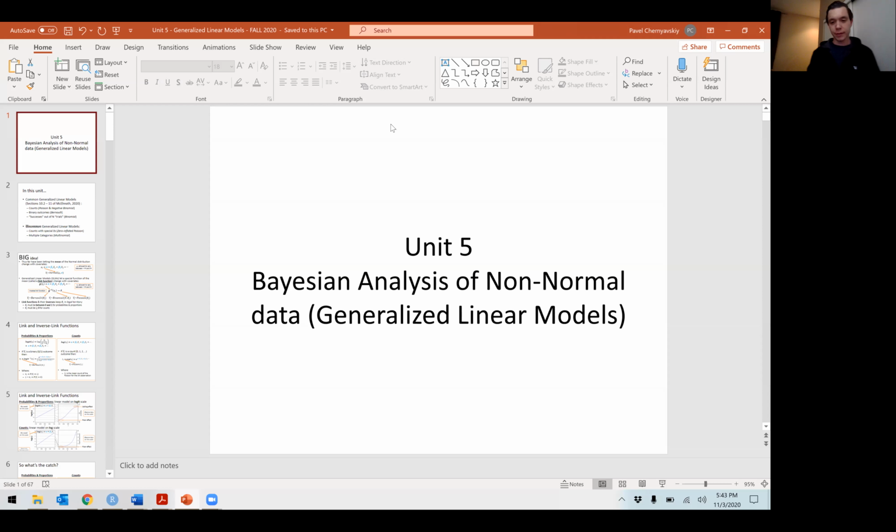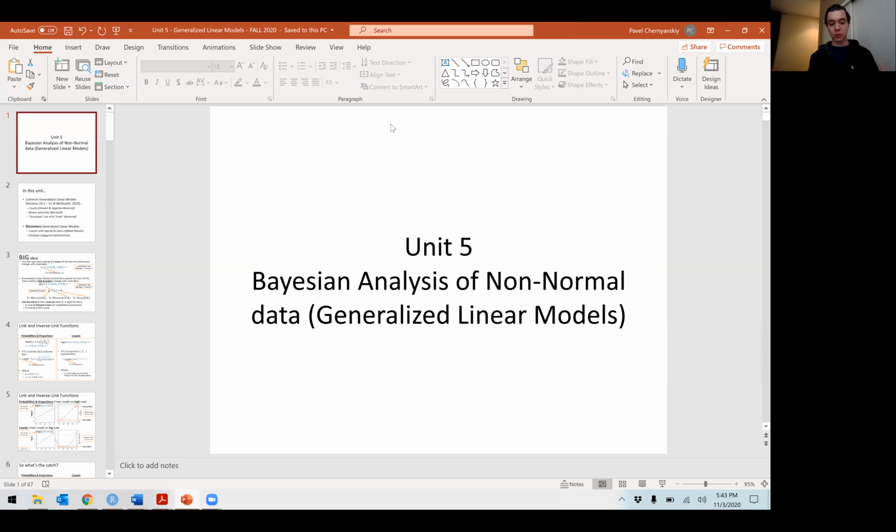We're starting a new unit, and in this unit, we'll be disavowing ourselves of treating all outcomes as a normally distributed variable. You may have noticed that at least up until your second homework assignment, we've been treating a lot of things on the logarithmic scale because that helps with the approximate normality assumption.